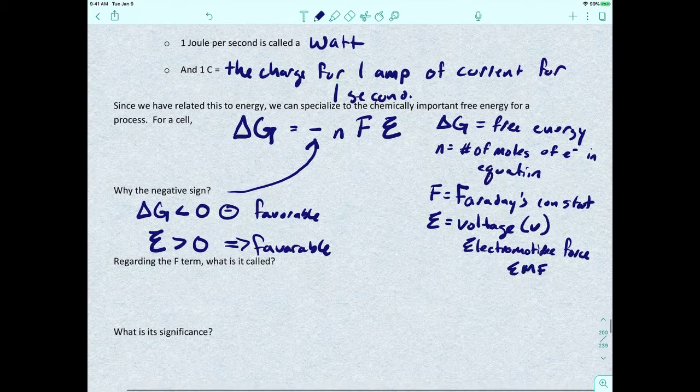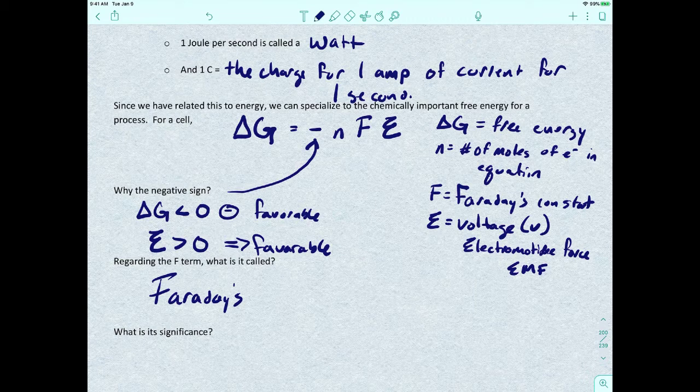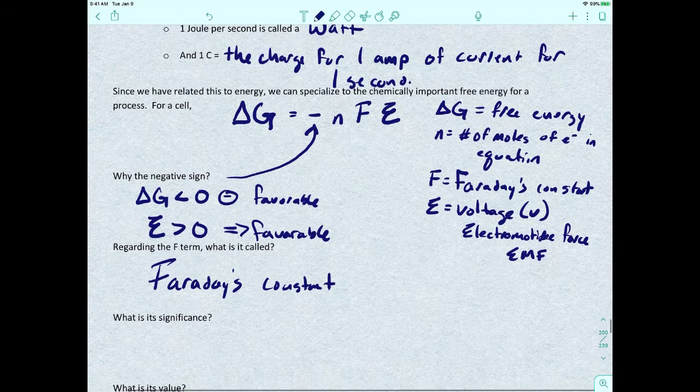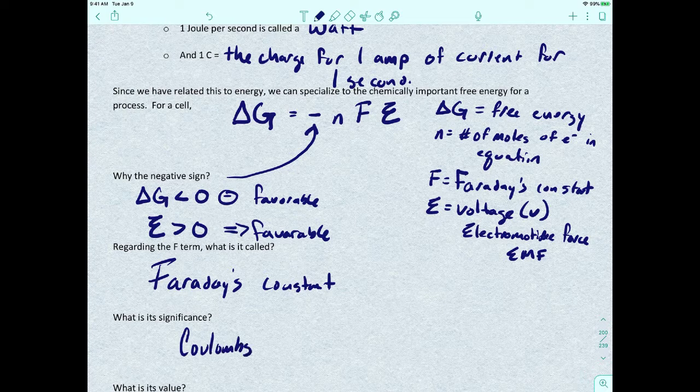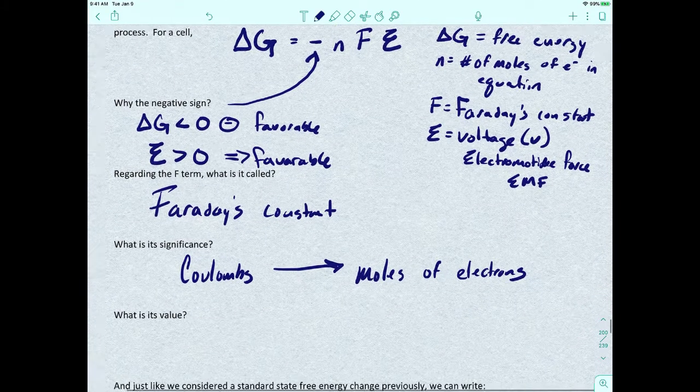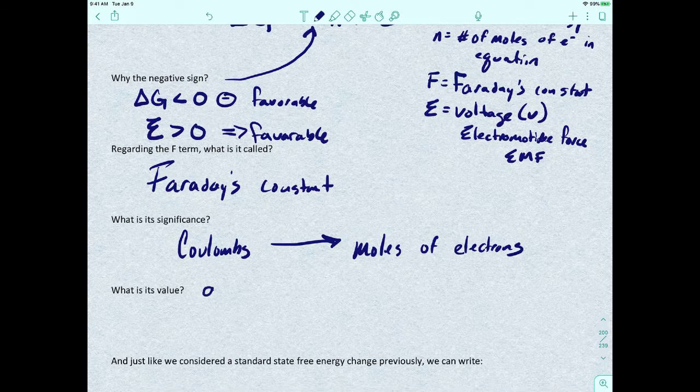Now, regarding the F term, that's Faraday's constant. What is its significance? This relates coulombs to the moles of electrons. And its value is going to be 96,500 coulombs over 1 mole of electrons.